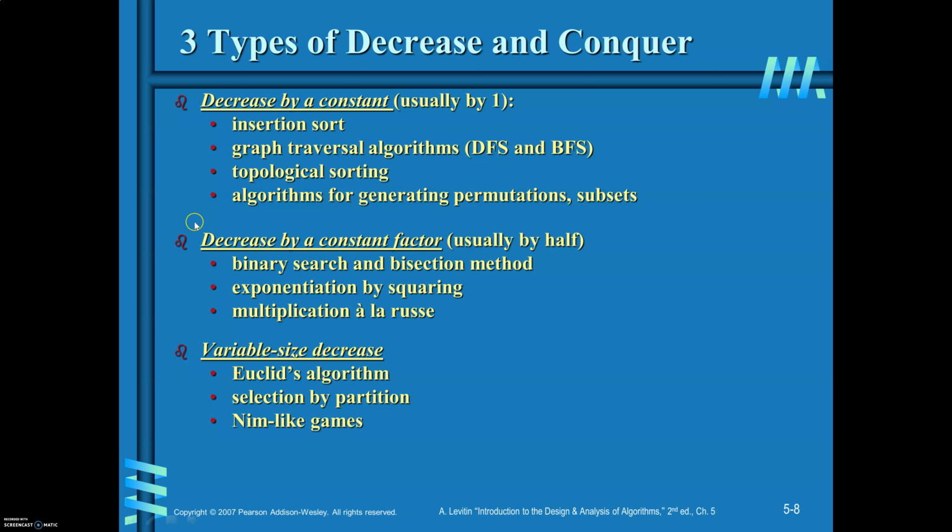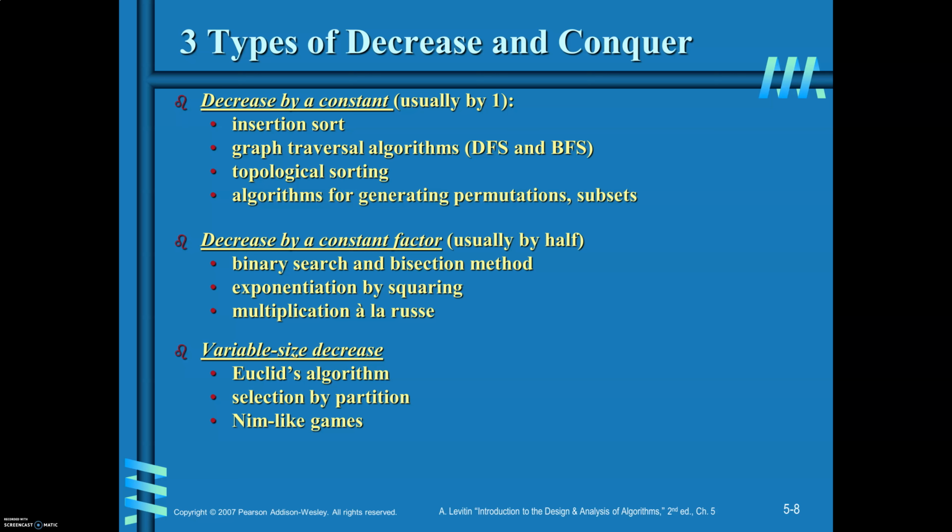The first way is decrease by a constant, the second is decrease by a constant factor, and the third method is variable size decrease. Decrease by a constant examples are insertion sort, graph traversal algorithms DFS and BFS, topological sorting, then algorithms for generating combinatorial objects like permutations, subsets, etc.